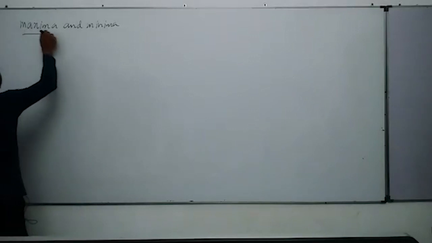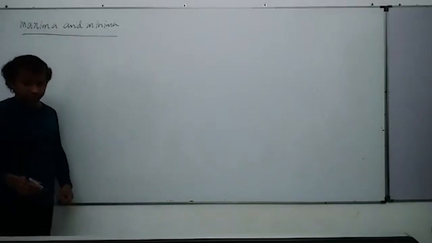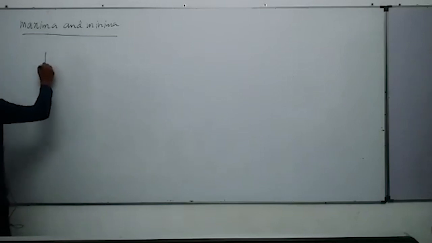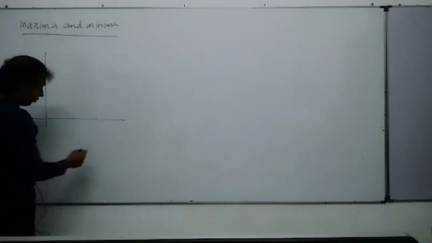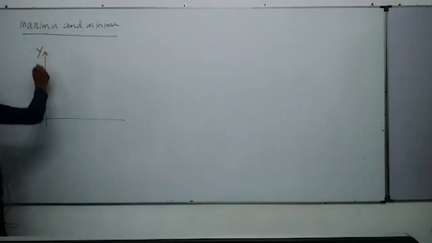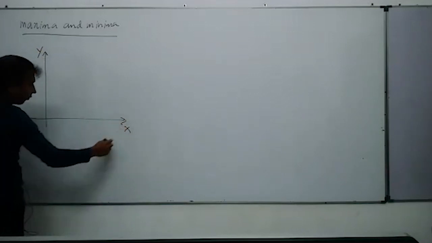Now people will see a minimum graph like this. This is the y-axis, this is the x-axis.